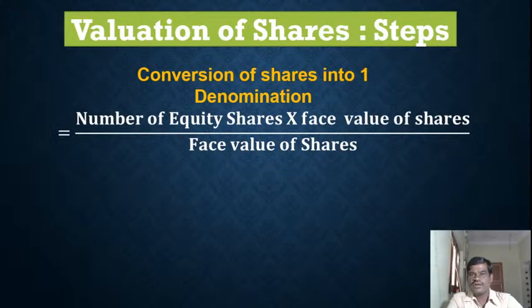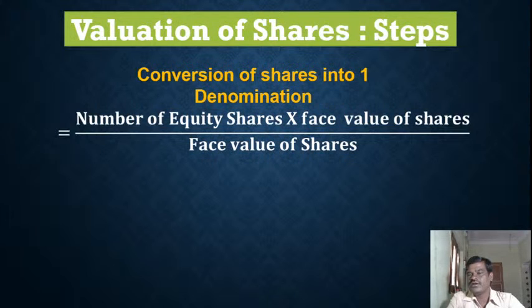Next, how to convert the different face values of shares into one denomination. What is the formula? Number of equity shares into face value of a share, divided by the same face value of the shares. The number of equity shares is given in the problem.